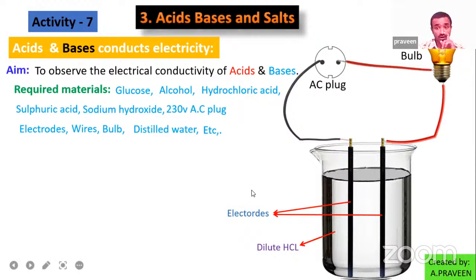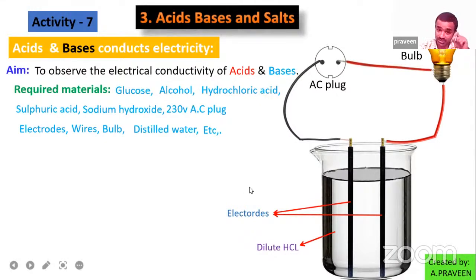We know that to pass current through a circuit, we need a closed circuit. When you observe clearly, the electrodes are not connected directly, but they come in contact with the liquid solution. So the difference is this one.